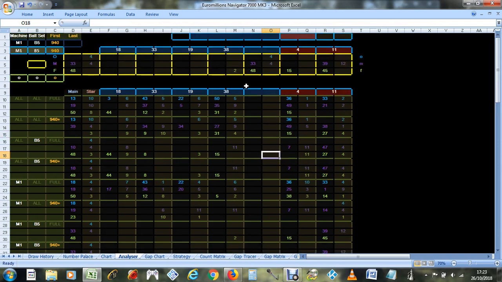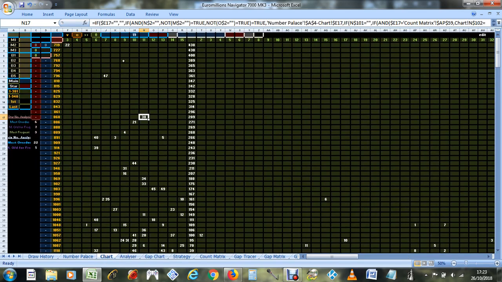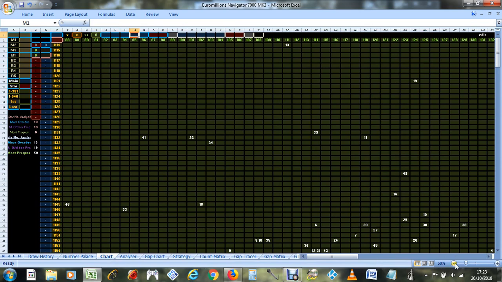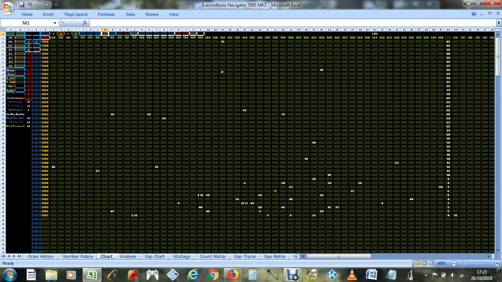Now I just need one more number to complete this, and I'm just going to show you the main chart, all machines and sets of balls, full draw history. These are the numbers that I'm picking, or that I've picked so far.